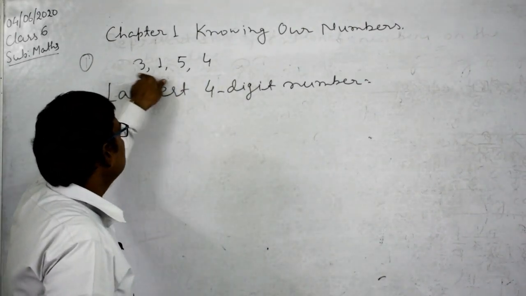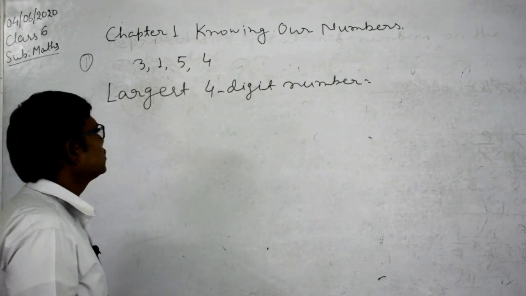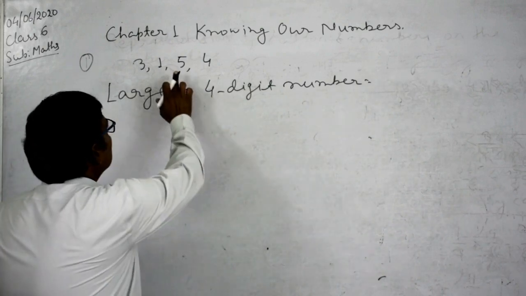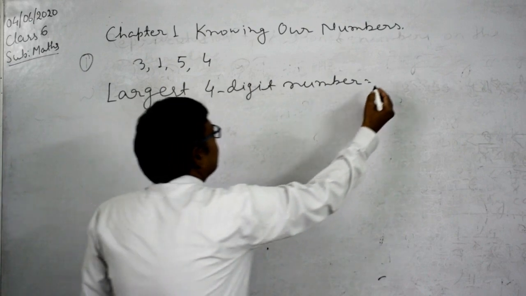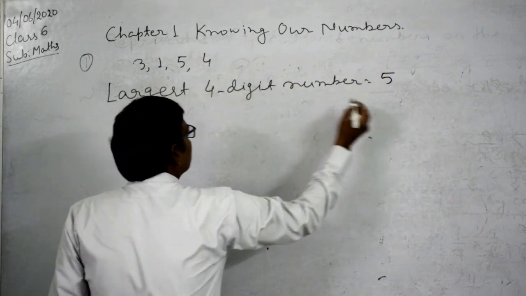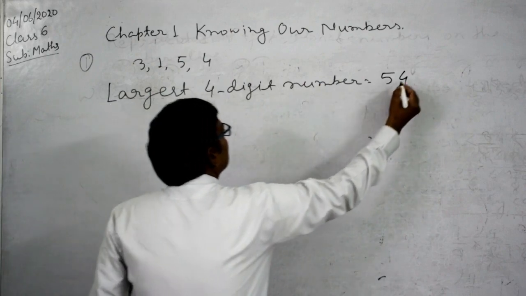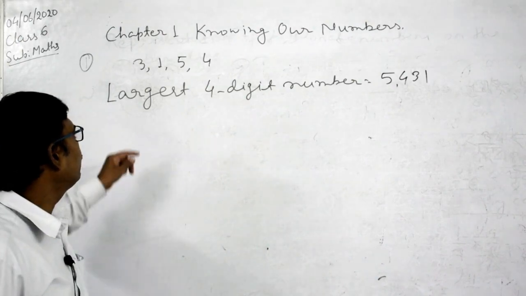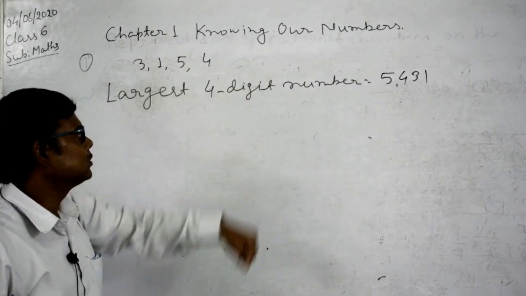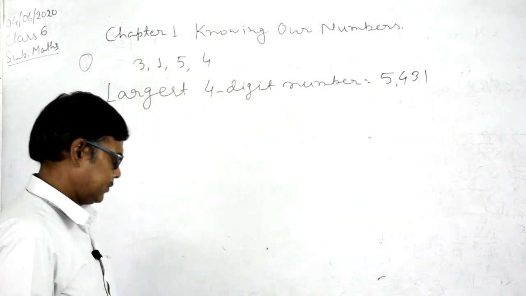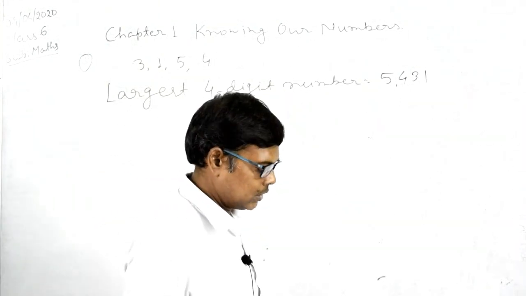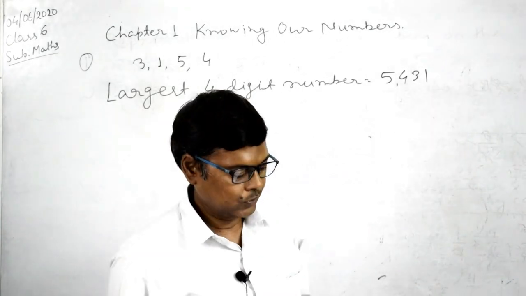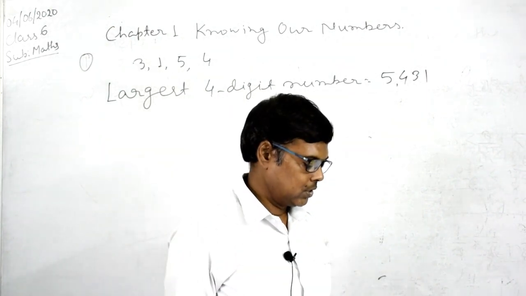The number will be largest only when we write the largest digit in the beginning: 5 will be first, then 4, then 3, and then 1. So the largest number is 5,431. The condition is that we will not repeat the digits. This is the answer.